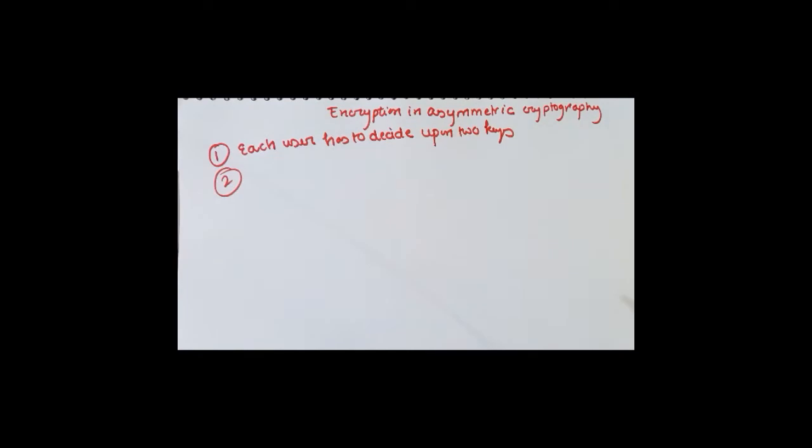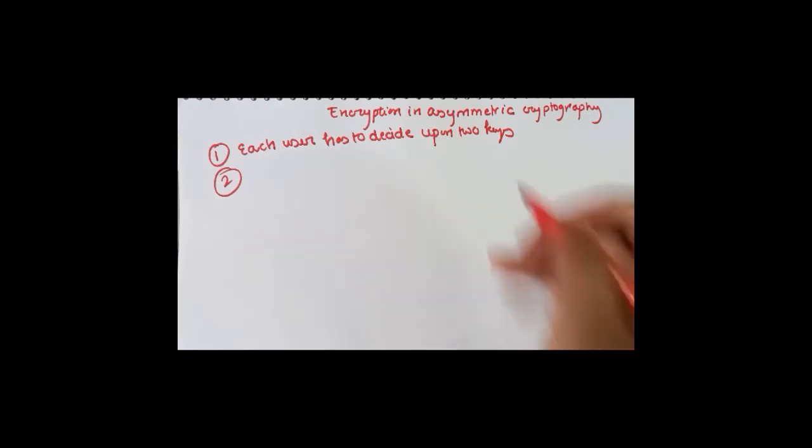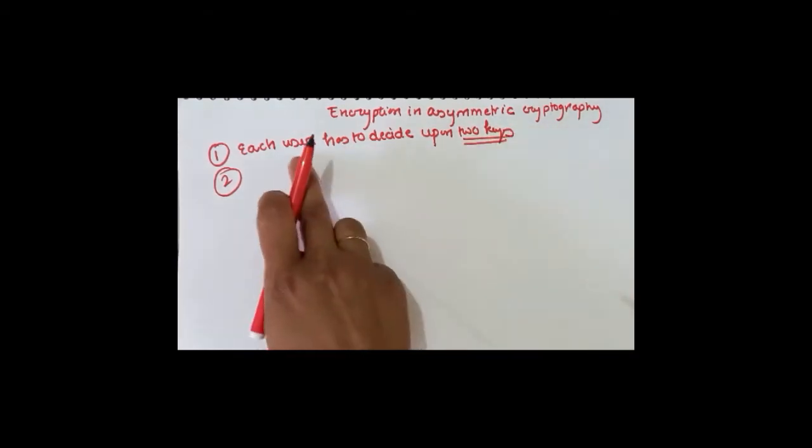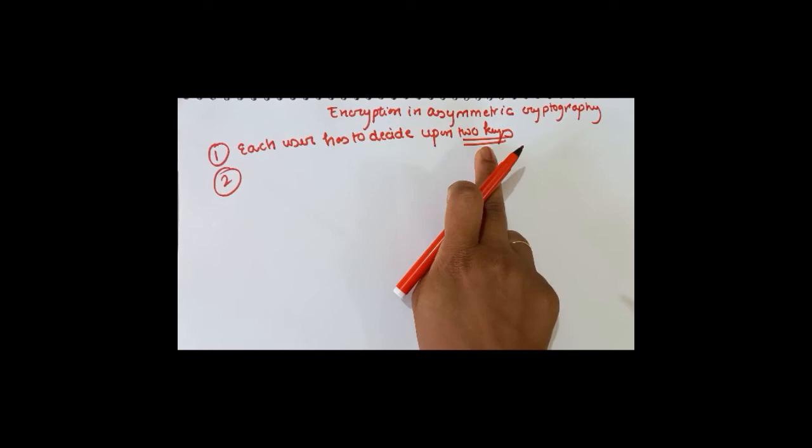The second step is that the user has to place one of these two keys in a public register or other accessible file that is seen by everybody.